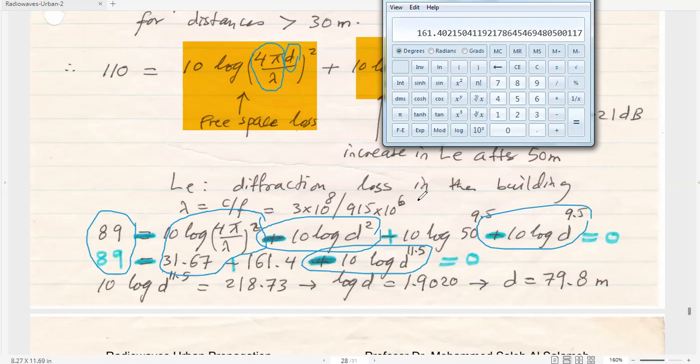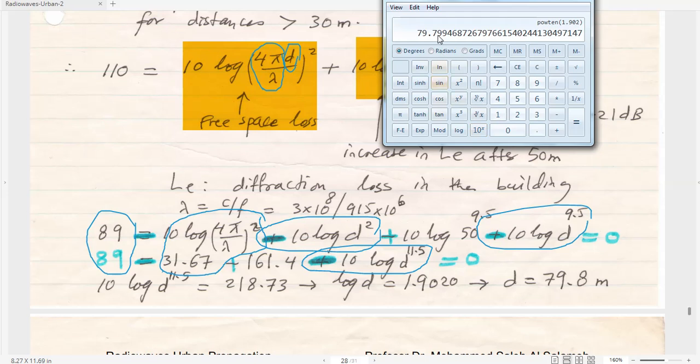Let's see how much this value is. It is 89 minus 31.67 plus 161.4, equal to 218.73. Divide this by 115, because this is multiplied by 10, and now take 10 to the power x, and you will get the answer here.